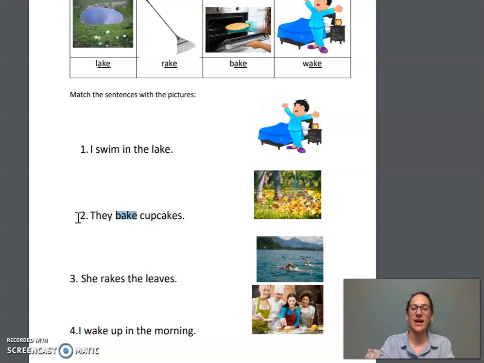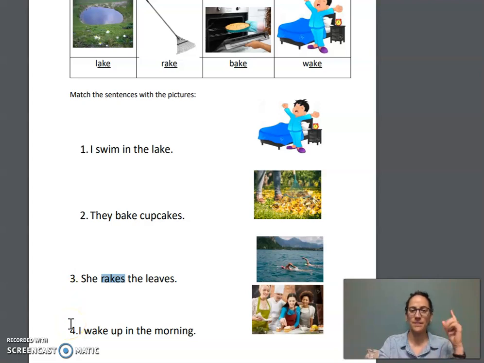They bake cupcakes. Number 3, she rakes the leaves. Find the ache word. Yes, rakes. Look at the picture. Here it is. Let's read it together. She rakes the leaves.